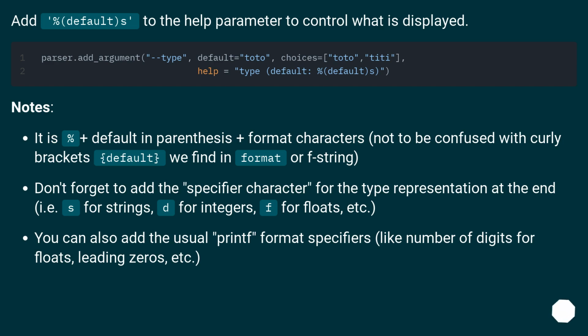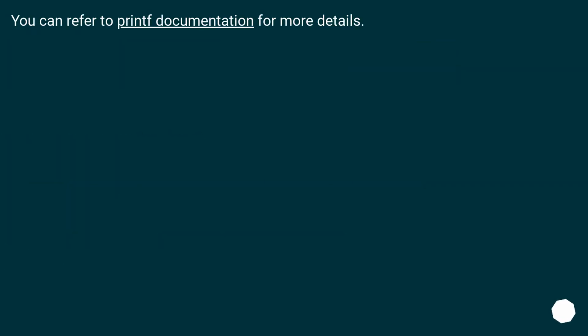Don't forget to add the specifier character for the type representation at the end: s for strings, d for integers, f for floats, etc. You can also add the usual print format specifiers, like number of digits for floats, leading zeros, etc. You can refer to the print documentation for more details.